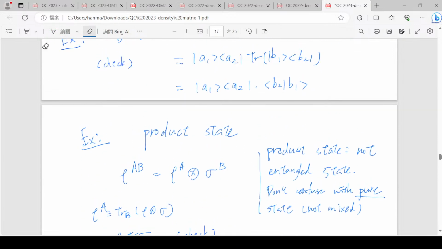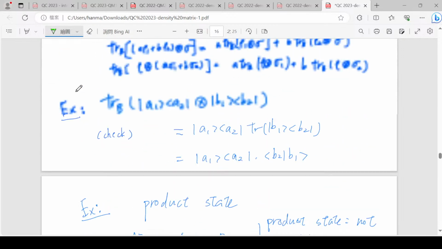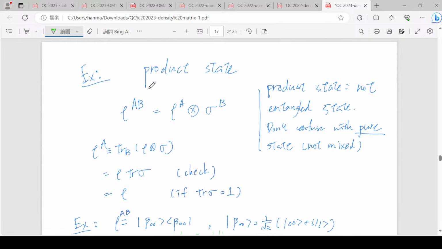And so let's see some examples. First, we have a product state. So if your rho AB equals some rho A tensor rho B, so basically there is no entanglement between A and B, and so you expect that when you do the partial trace, you should just get back rho A because there is no correlation between the A part and the B part.